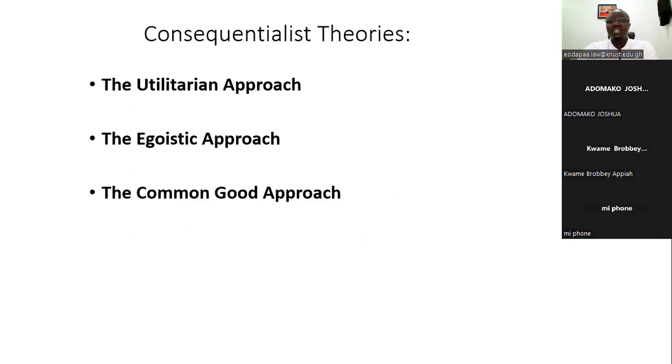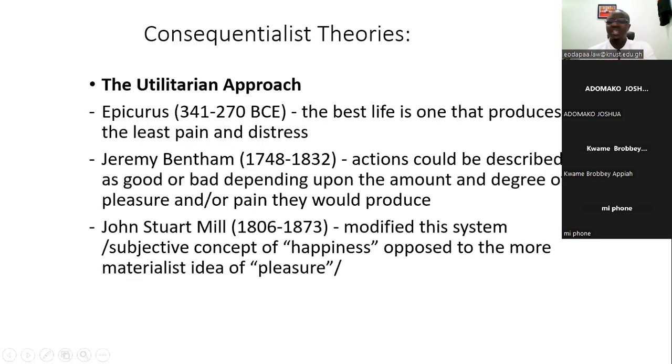So, consequentialist theories, we may talk about utilitarianism, also known as a utilitarian approach. We mentioned utilitarianism yesterday, and the egoistic approach, and then the common good approach. By the utilitarian approach, we usually attribute it to scholars like Epicurus.